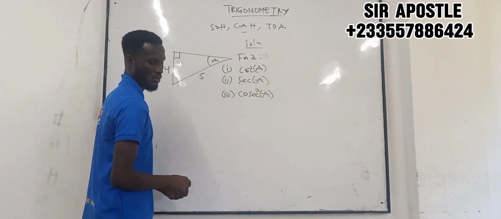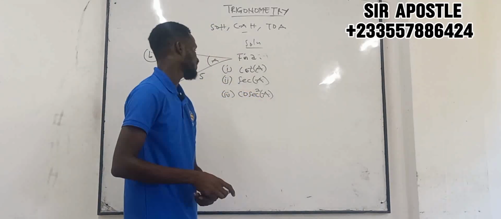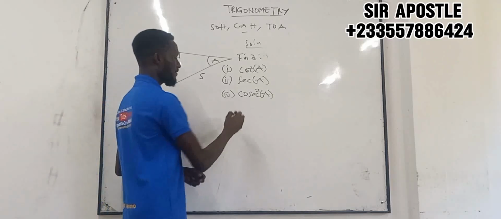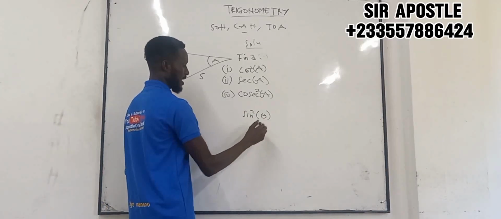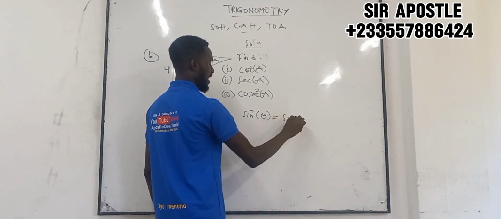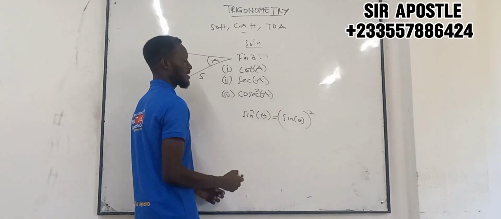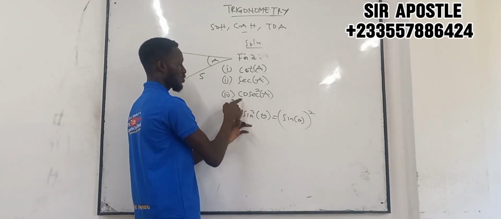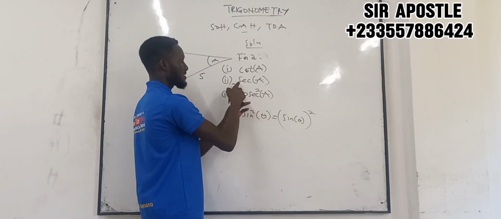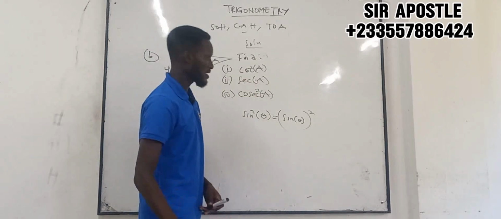When we have sine square theta, we don't write it like sine theta and then it is all squared. These two are the same, but we don't write it like this. We write it like sine square theta. So cos square theta, sec square theta, cot square theta, in that order. Yes.